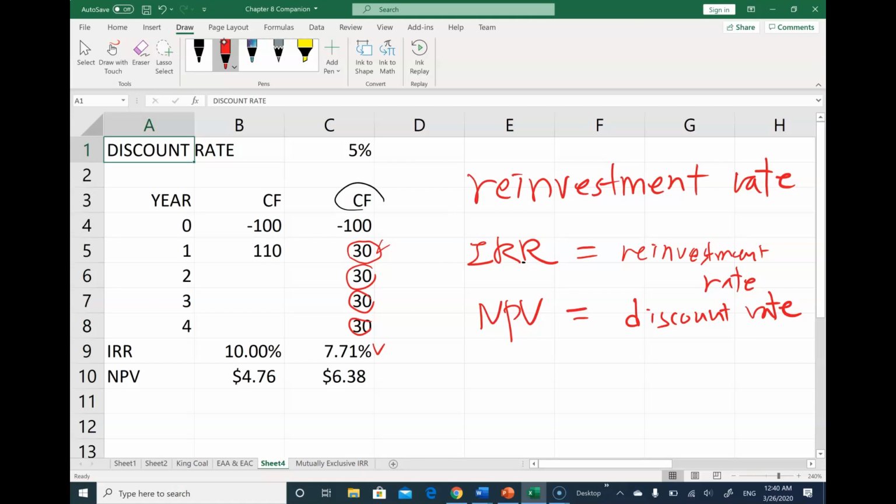So that's one of the reasons why the internal rate of return and the net present value is different. And that is also the reason why the net present value has limitations in evaluating two projects with a different lifespan.